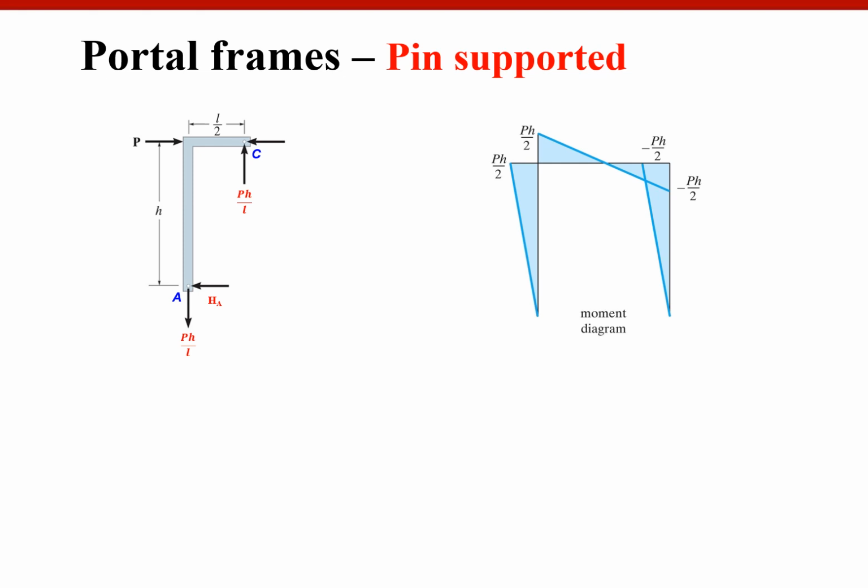And the next equilibrium equation is sigma moment about A must be 0. Okay, we are talking about sigma moment about A, so that P times H clockwise, HC times H counterclockwise, PH over L times L over 2 counterclockwise. So that in that way, we can calculate HC as P over 2.